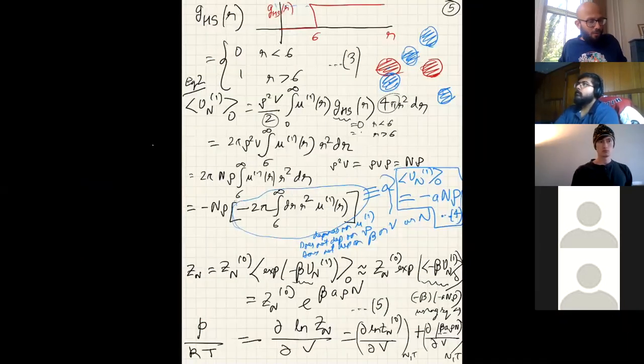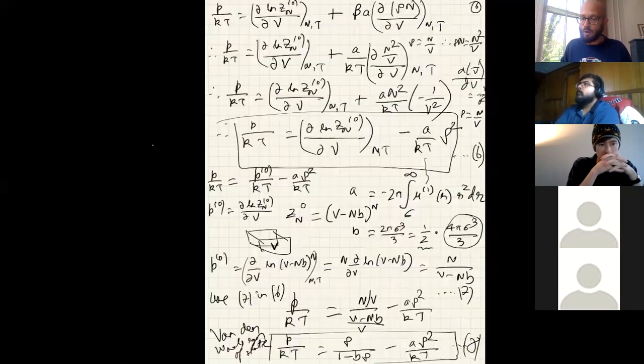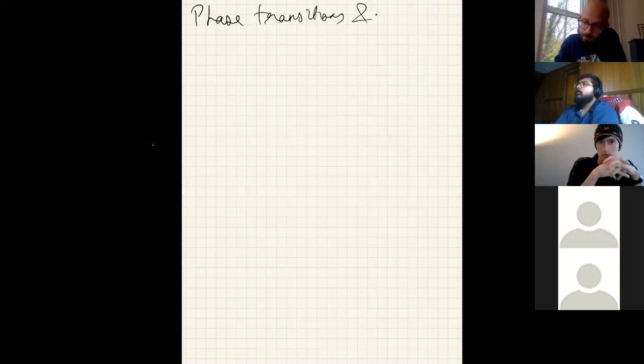Okay, so that's it for van der Waals equation of state, and really for perturbation theory, and that's really it for interacting fluids and interacting systems. Now we are going to change gear and try to talk about something which is also very interesting, which is phase transitions and critical phenomena.